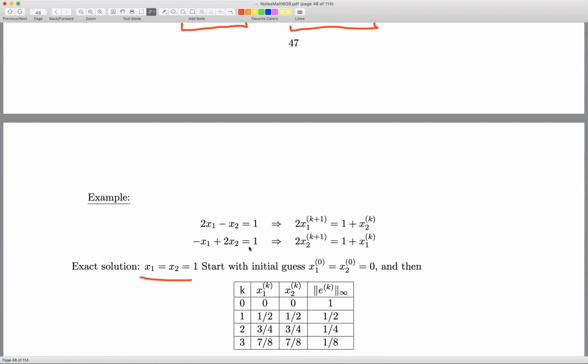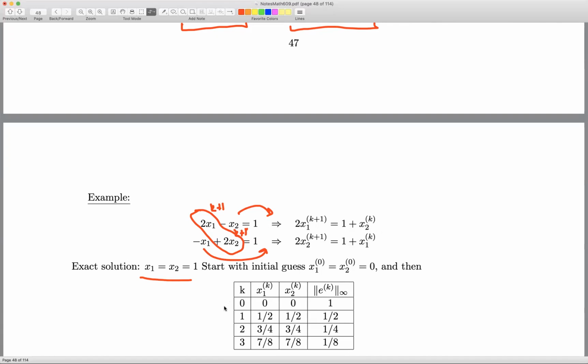If we want to write the Jacobi iterative procedure for solving this system, we look at the elements on the main diagonal and leave them on the left side, rewriting them with index k plus 1. Everything that is off the main diagonal, we move to the right. You see here minus x2 is moved to the right, and minus x1 is moved to the right, and we associate them with index k.